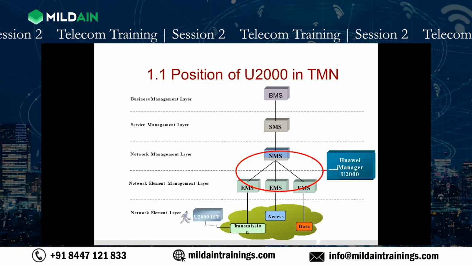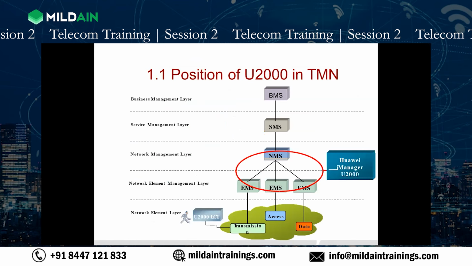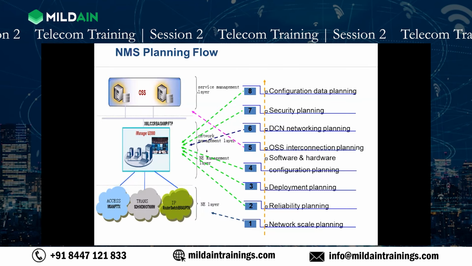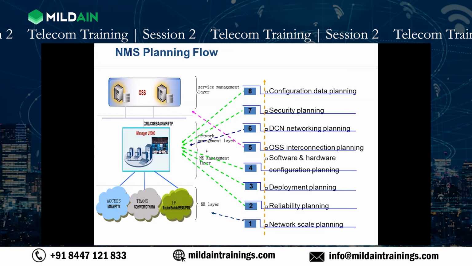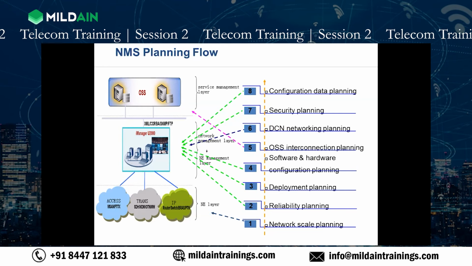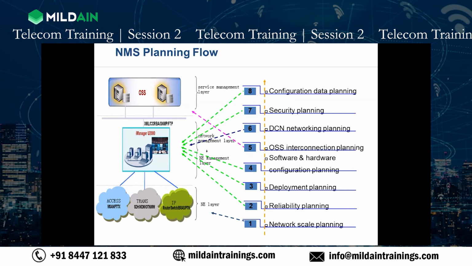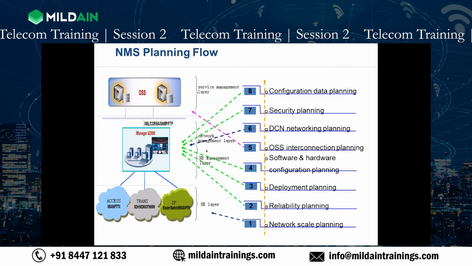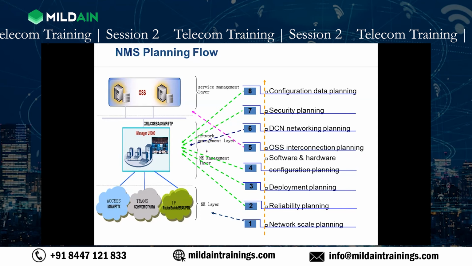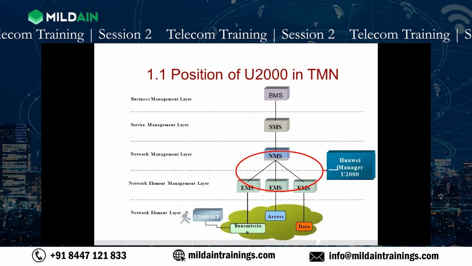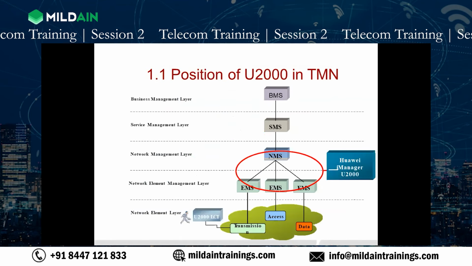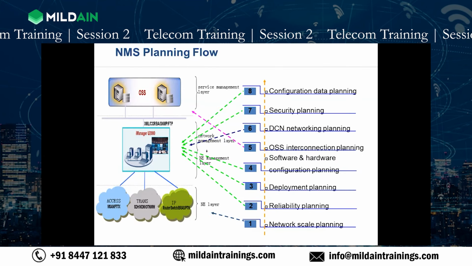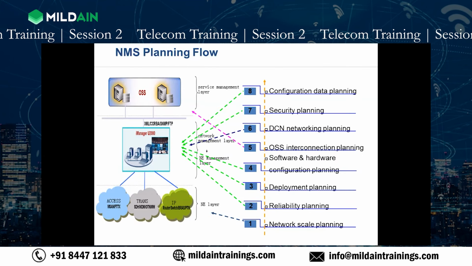The previous slide, the very bottom first slide, was the network element layer. It was the physical layer, correct? Coming to this, categorization is there: access, trans, IP. Trans is transmission. Here in this case, network scale planning. Basically, these 5 layers, 1, 2, 3, 4, and 5, have been categorized into 3: the any layer, management layer, and service management layer.